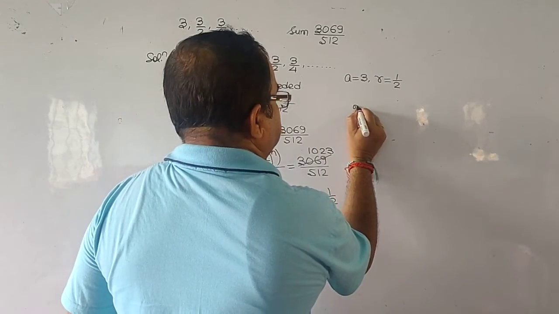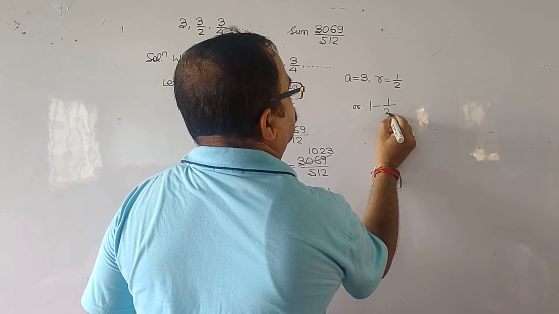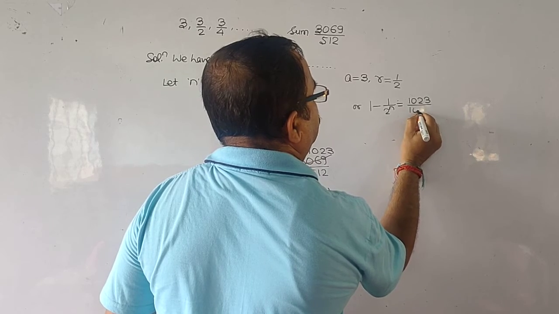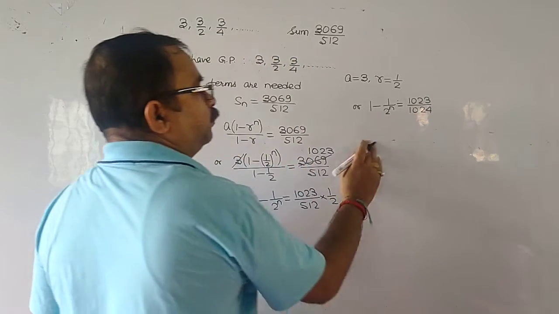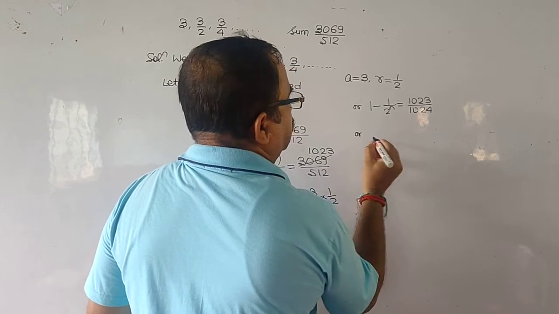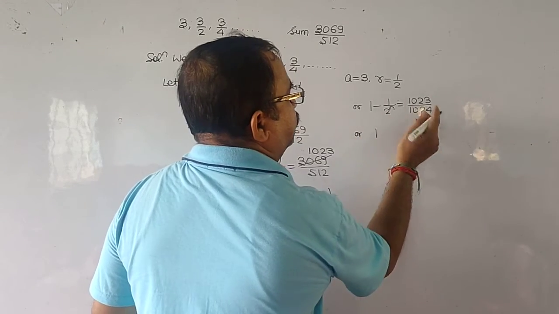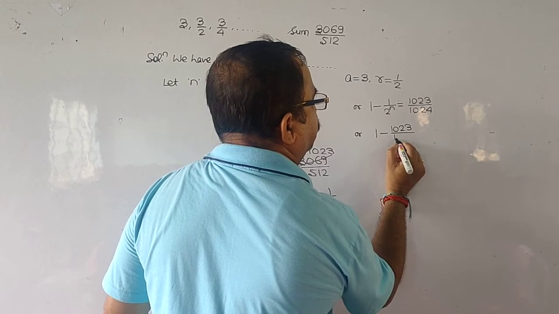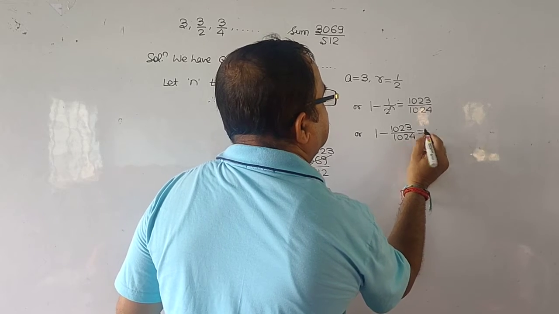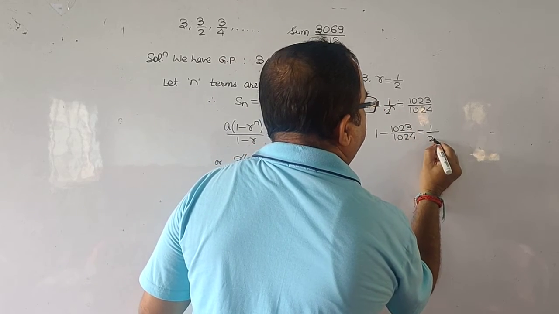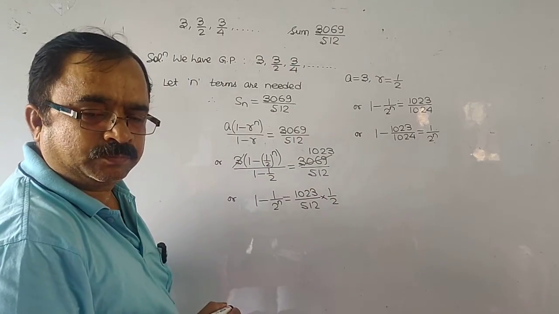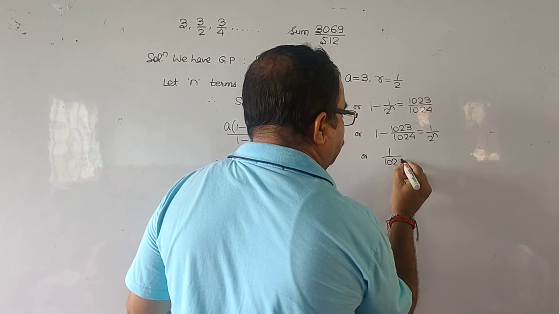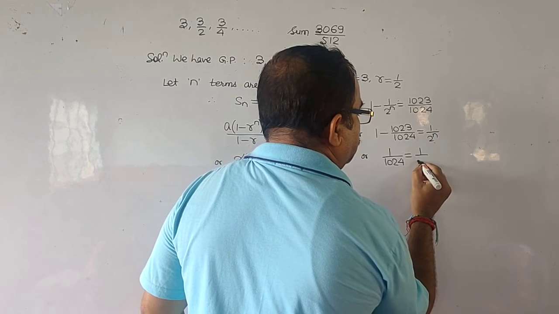Now 1 minus 1 upon 2 to the power n is 1023 upon 1024. Taking 1023 upon 1024 to the left side, this becomes 1 upon 1024, equal to 1 upon 2 to the power n.